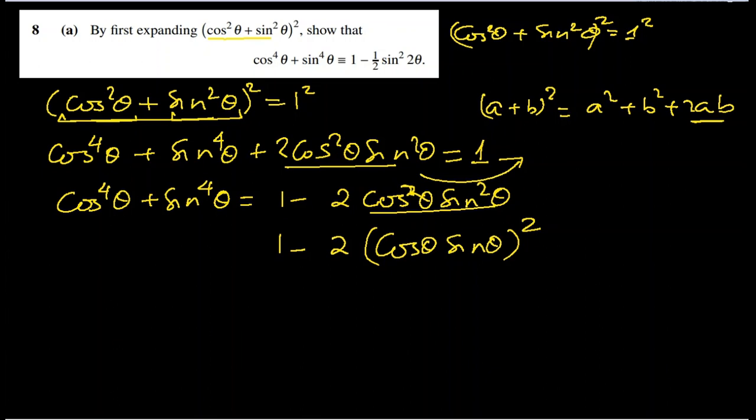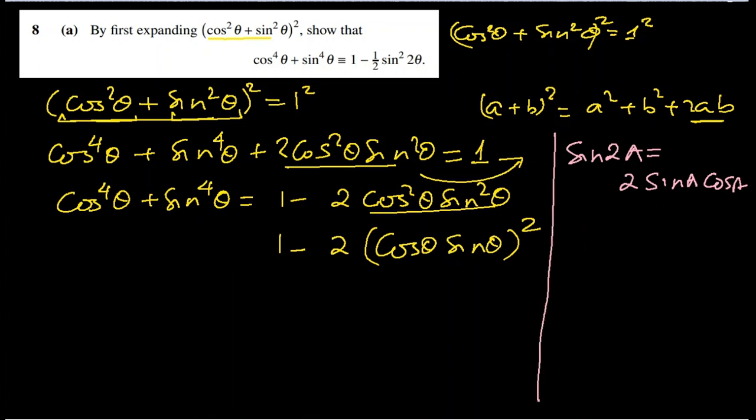Now we have another identity which will be useful here. That identity is sine 2a equal to 2 sine a cos a. This is the identity we will use now. So if I square this, sine square 2a, this will also be squared, correct?